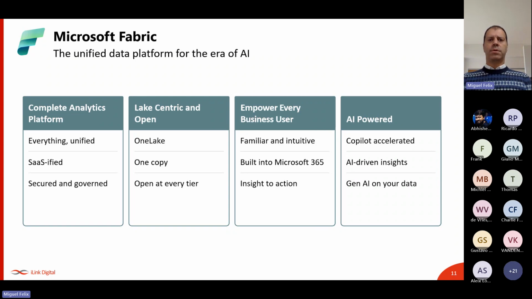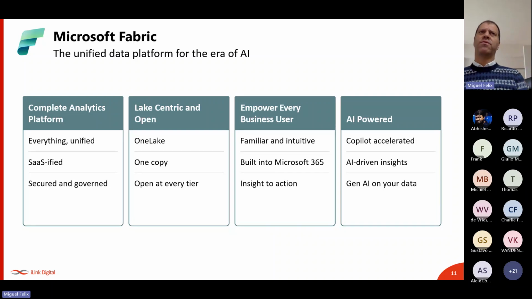Everything unified under one roof, so all the workloads, and something that is secure and governed. One of the important aspects inside the Fabric infrastructure is that the governance and the security are the same across the different layers of Fabric.